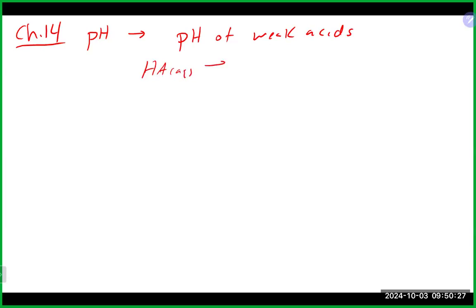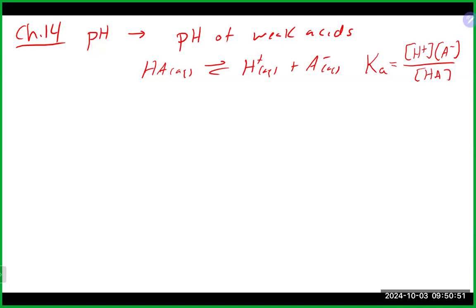If we just look at a generic acid here, because they'll set up an equilibrium, you could write a K expression for that, which is known as the Ka for acid, the acid dissociation constant. And really, as we talked about before, regardless of the little subscript there, they're all really equilibrium constants. So you could write a normal equilibrium expression.